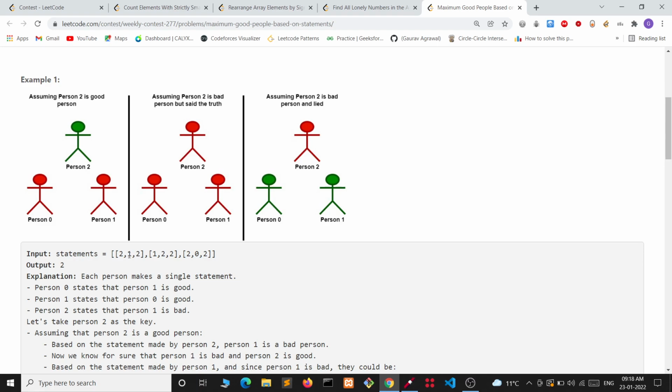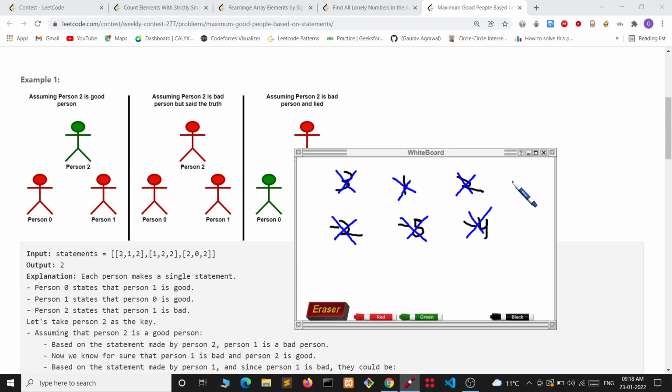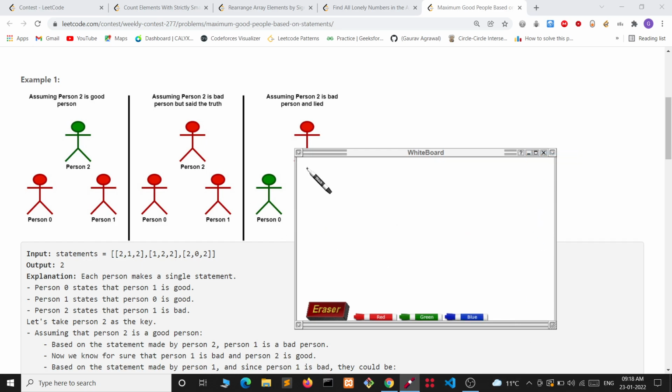We can see that we are given an example like this. We can see that n equals 3 in the first example, and we are given the statements array as 2 1 2, 1 2 2, 2 0 2.